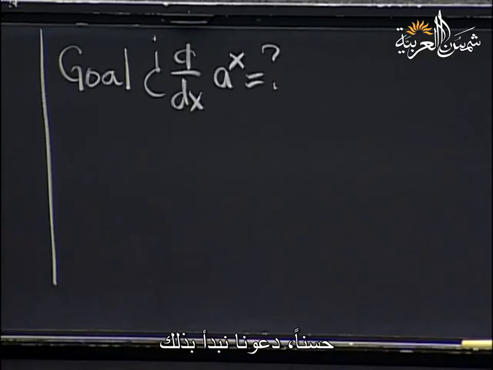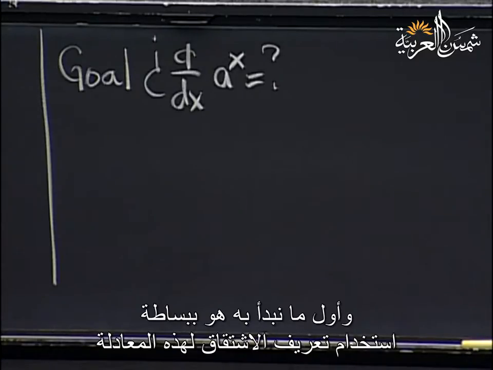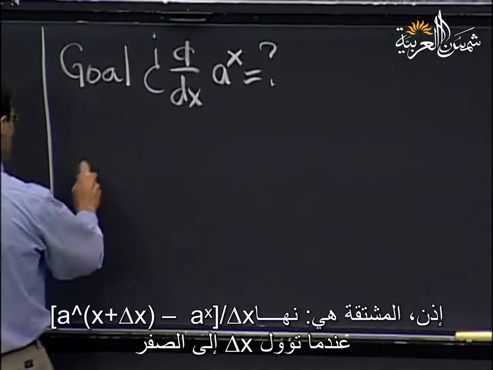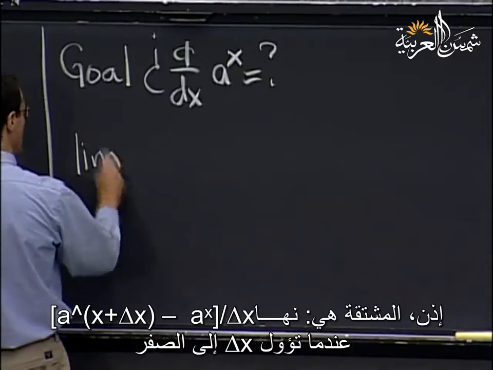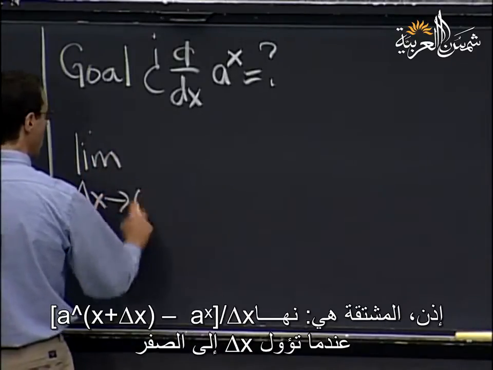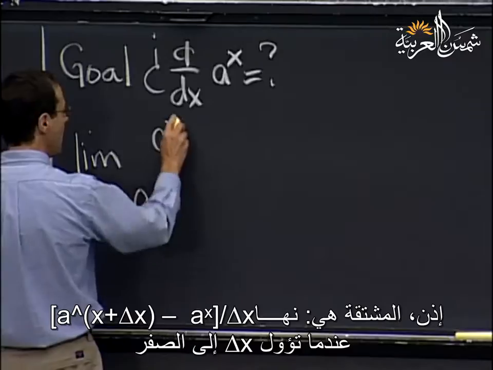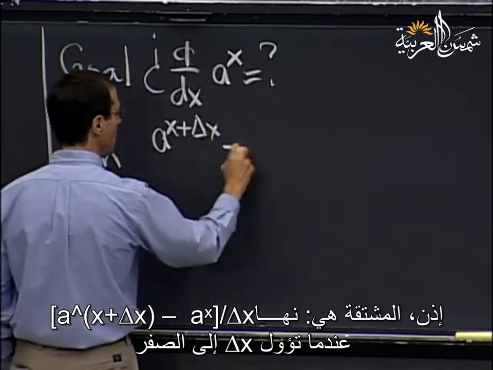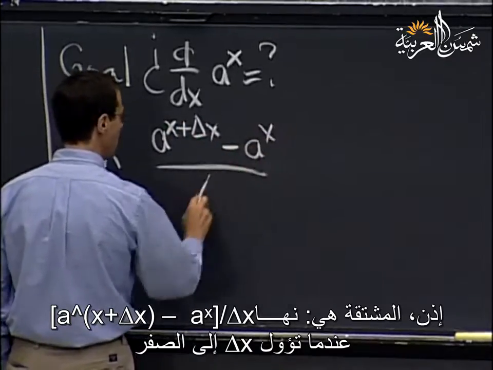All right. So we'll get started. And the way we get started is simply by plugging in the definition of the derivative. The derivative is the limit, as delta x goes to 0, of a to the x plus delta x minus a to the x divided by delta x.